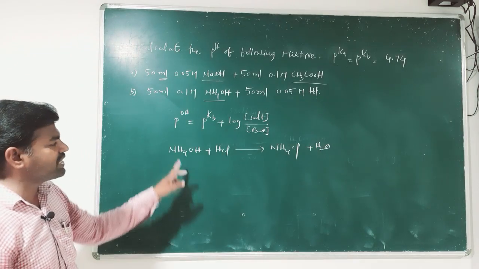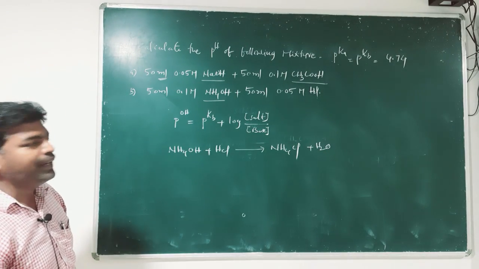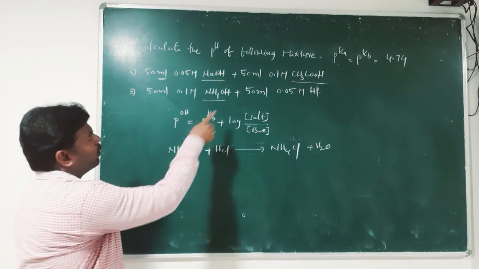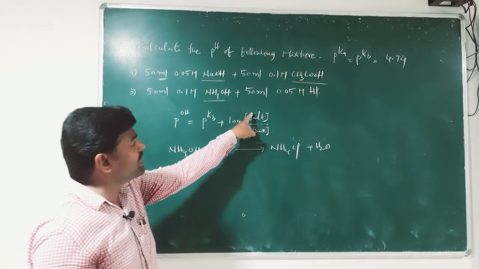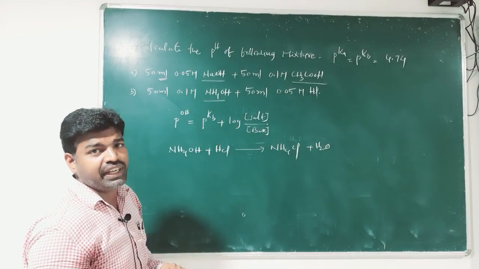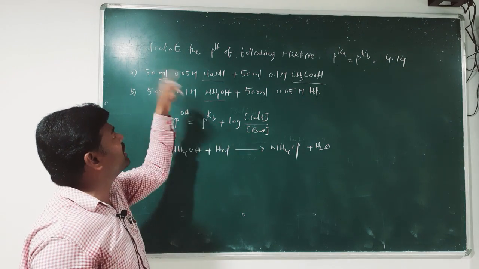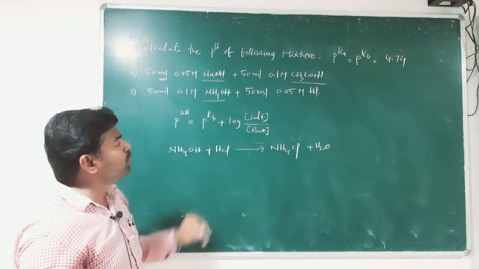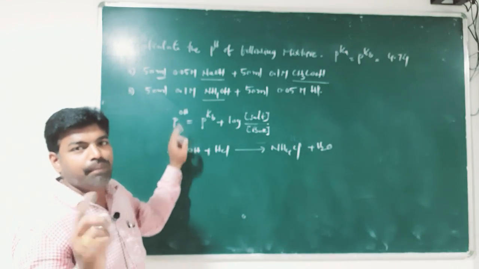This is the reaction that takes place between ammonium hydroxide and hydrochloric acid. We need the concentration of salt to calculate the pH of the mixture, but we are able to calculate the pOH. From this pOH we can calculate the pH.